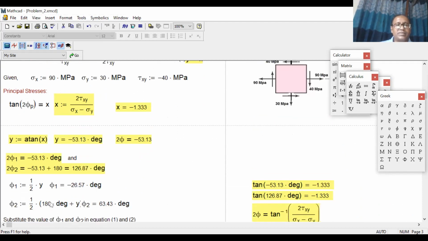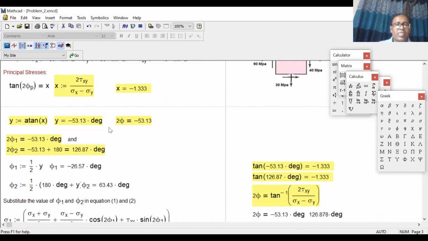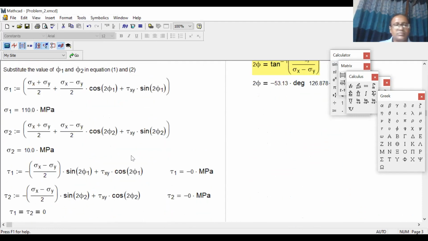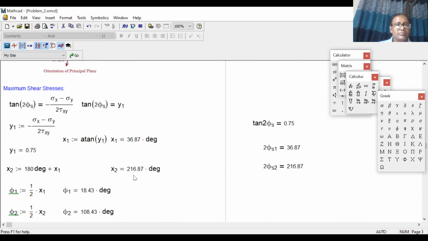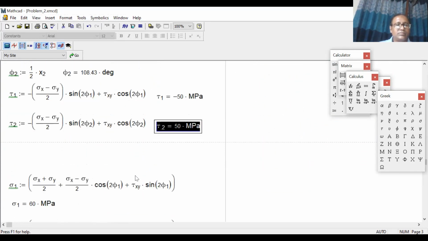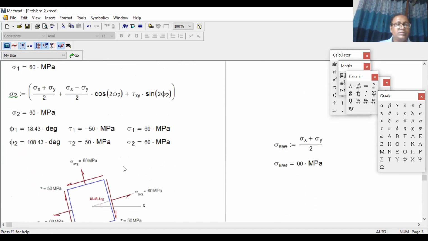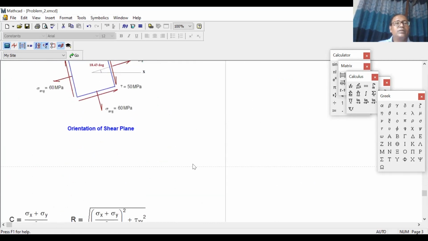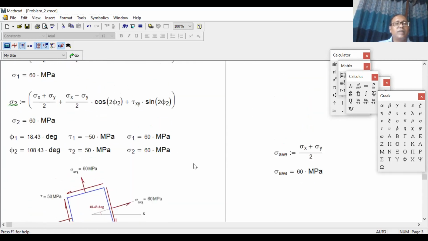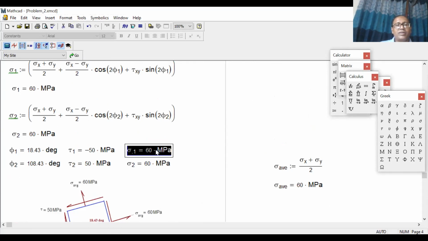So in both cases we got sigma 60. Okay, tau 1 when you put 18 degree, tau 1 minus 50. When you put 108, tau 2 plus 50.